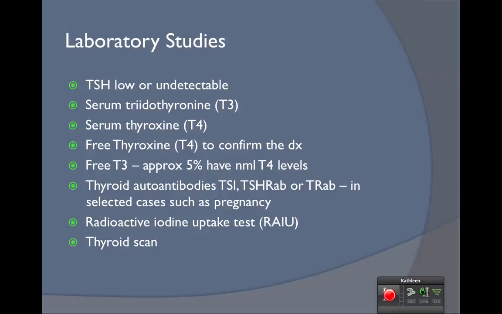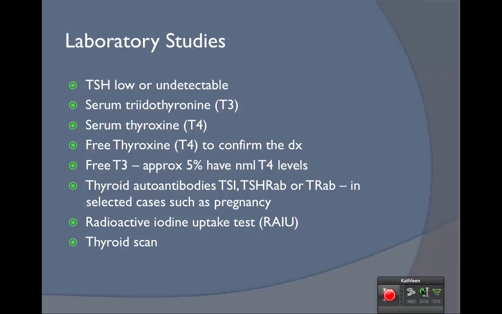Basically, it's measuring how active that thyroid is. Subacute and silent thyroiditis will have low radioactive iodine uptake. The 24-hour radioactive iodine uptake also is used to determine the correct dose of radioactive iodine needed to treat Graves' disease or toxic multinodular goiter.